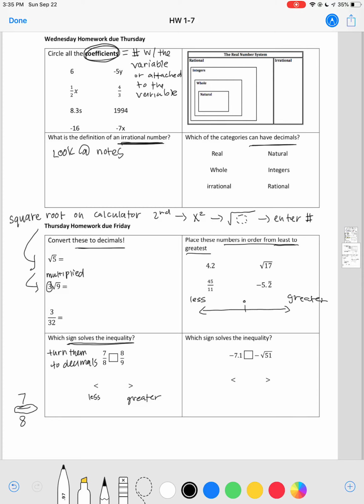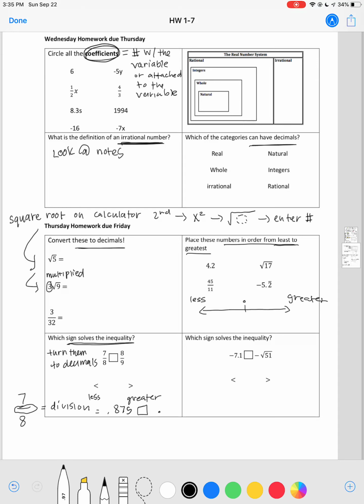This sign here equals division. 7 divided by 8 equals 0.875, and then we're asked to do our inequality of 8 divided by 9.